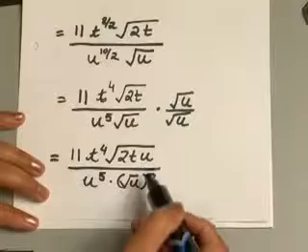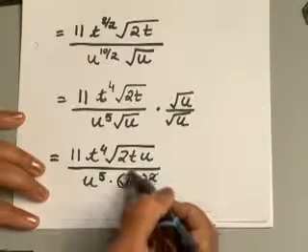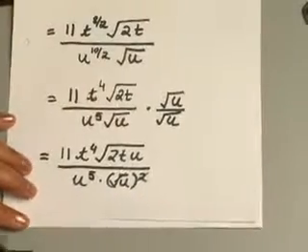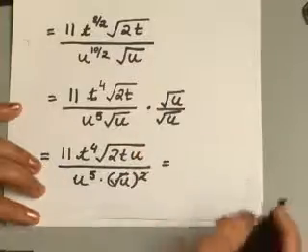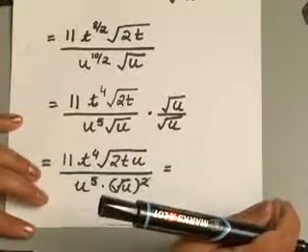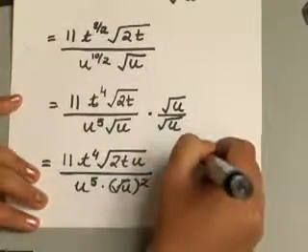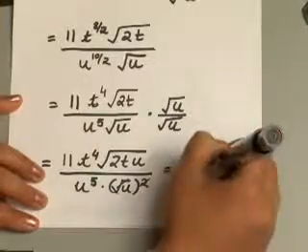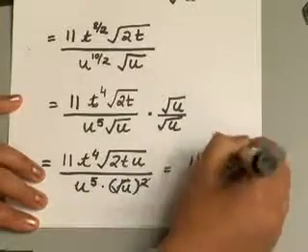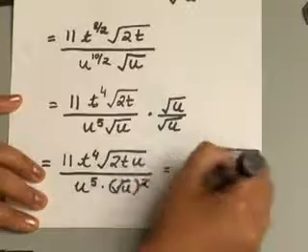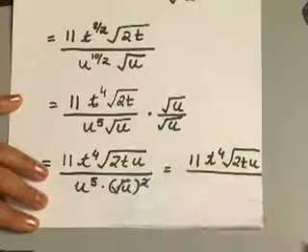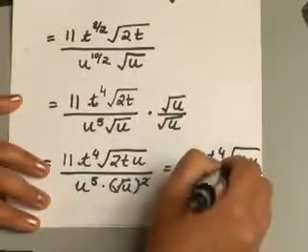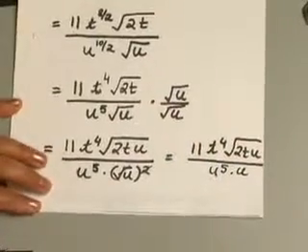Okay? Again, the 2nd power will cancel out the square root, and you will be left with, let's see, 11 t to the 4th square root of 2tu over, let's see, u to the 5th times u.